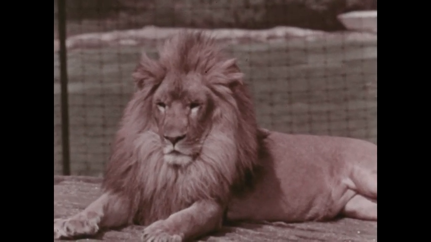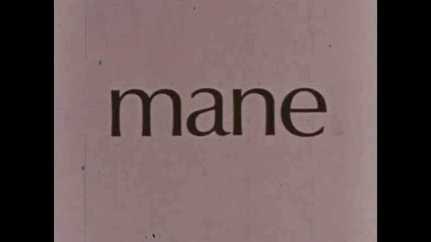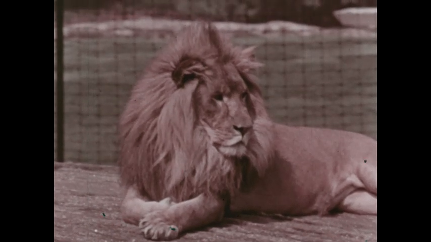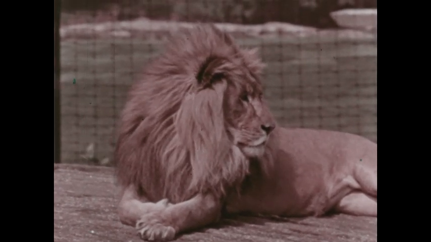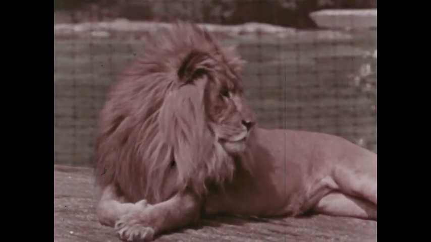Let's look at the words. The lion had a large yellow... Is the last word name? No. It's the word mane. A lion's mane is the long hair that hangs down around its neck. The lion had a large yellow mane.